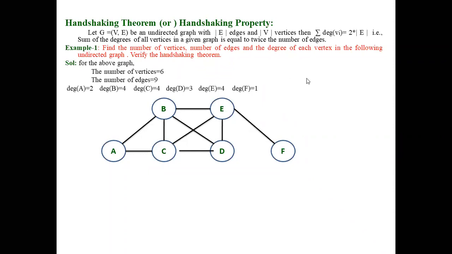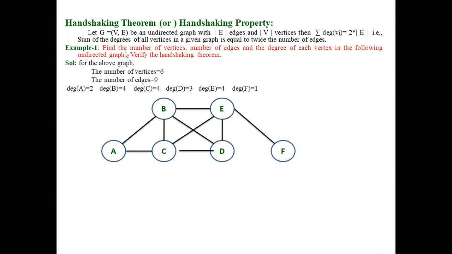Then summation degree of Vi is equal to twice the number of edges. Sum of degrees of all vertices in a given graph is equal to twice the number of edges. This is called handshaking property.